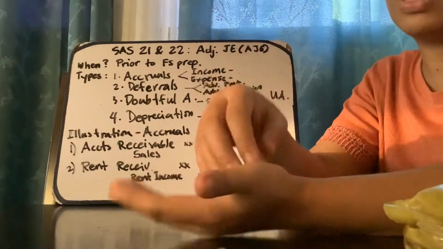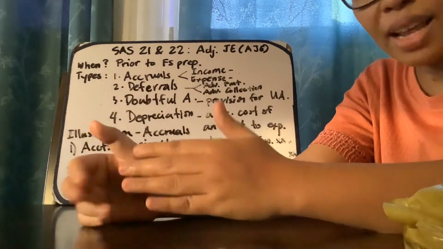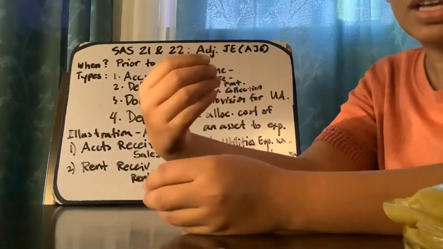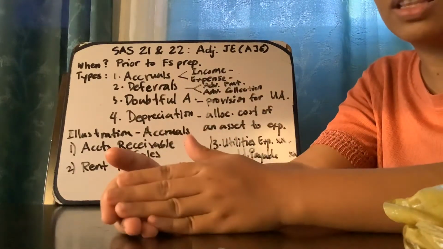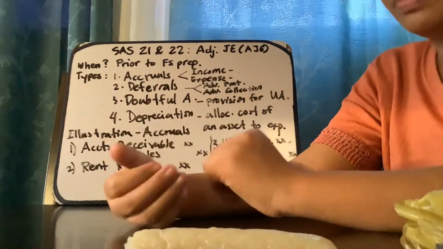So, in every business transaction, we have to identify first if this transaction is requiring us to record it in our journal. So, we make the journal entry.